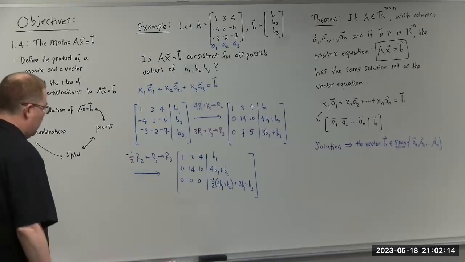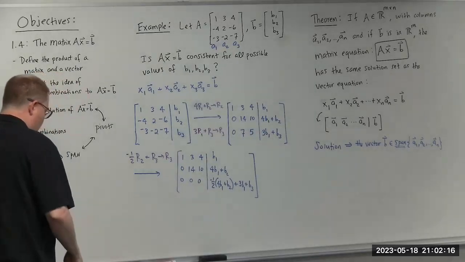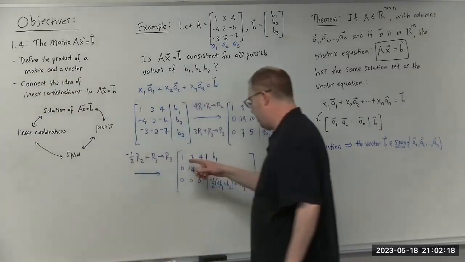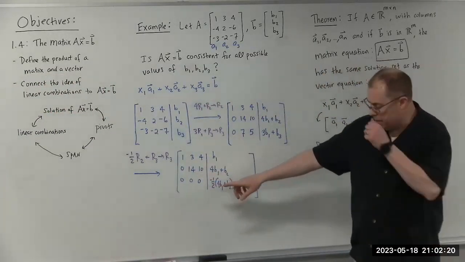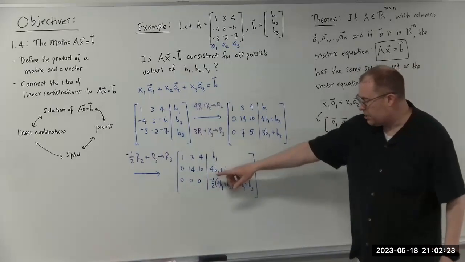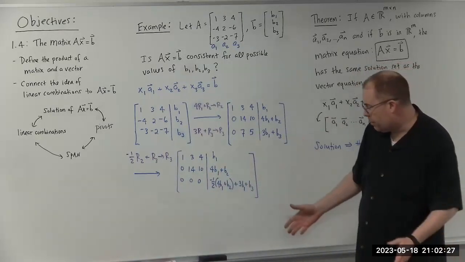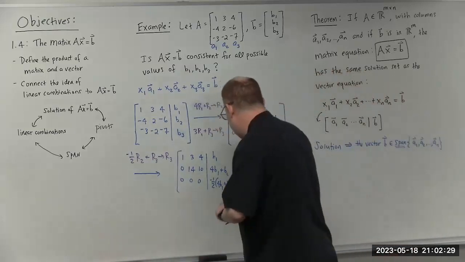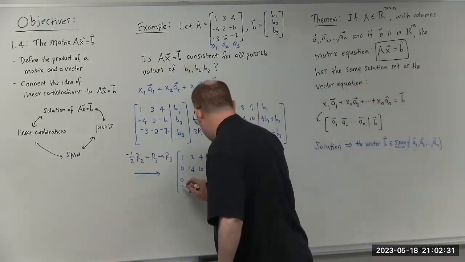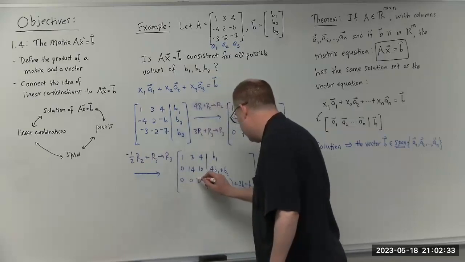Notice we have this in row echelon form, but not quite in reduced row echelon form. So this is good enough for what we need. Now what we can do is shift our attention to what's happening here.